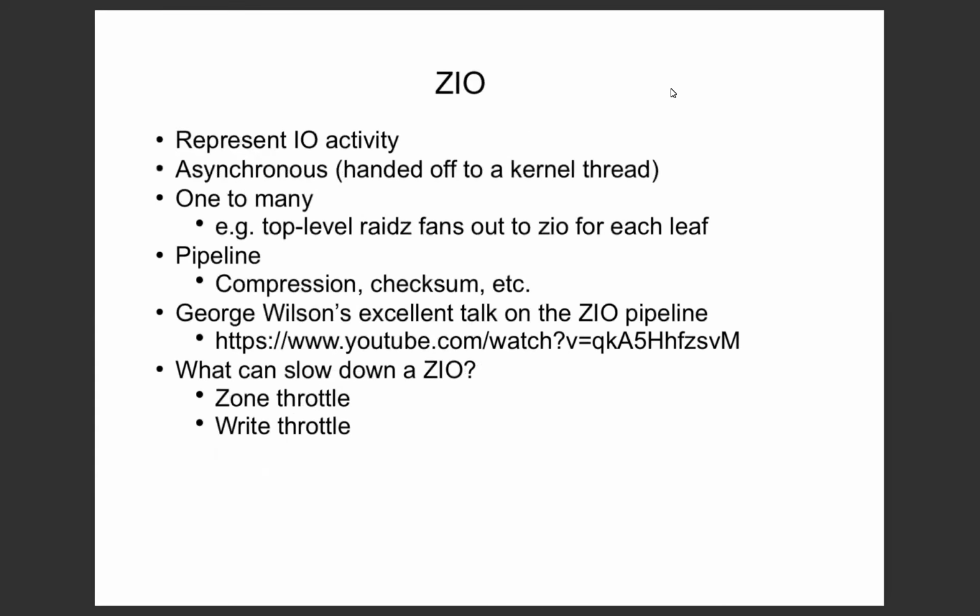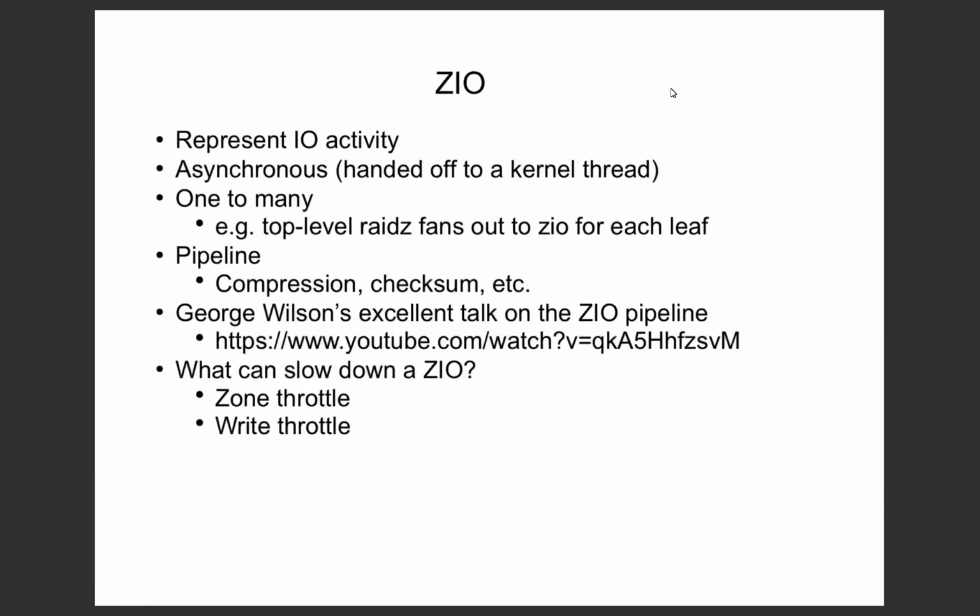So the ZIO is the structure in the system that's going to represent some kind of I/O activity. And this is where it actually gets hard when you're trying to map a logical read into something that actually goes to disk. If you're trying to see that flow in the system, it gets hard to do.